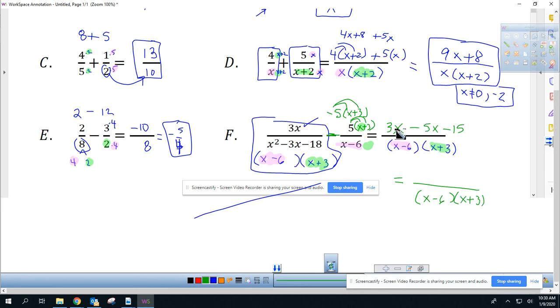Let's see, we're going to combine like terms. 2x minus 5x is negative 2x minus 15, and there becomes our solution after we simplified it all out. And now we just have to exclude when this factor is 0 and when this factor is 0. So that's at 6 and at negative 3.